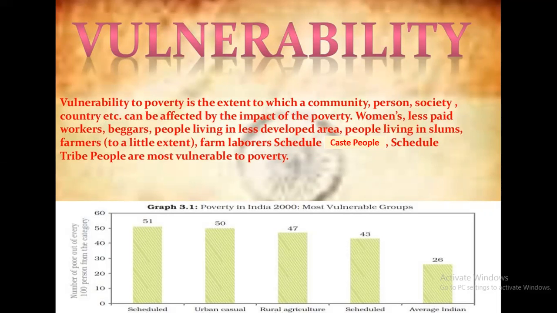They have shown that scheduled caste people are more in number than urban casual group people. Then rural agricultural people face problems because they may not have the financial condition to bring proper modern methods and compete with those who have modern technologies in their farms. So for different communities and people, we look at their standard of living, where they are earning from, their income and their consumption. According to that, we consider whether that person is coming under the poverty line or going above the poverty line.